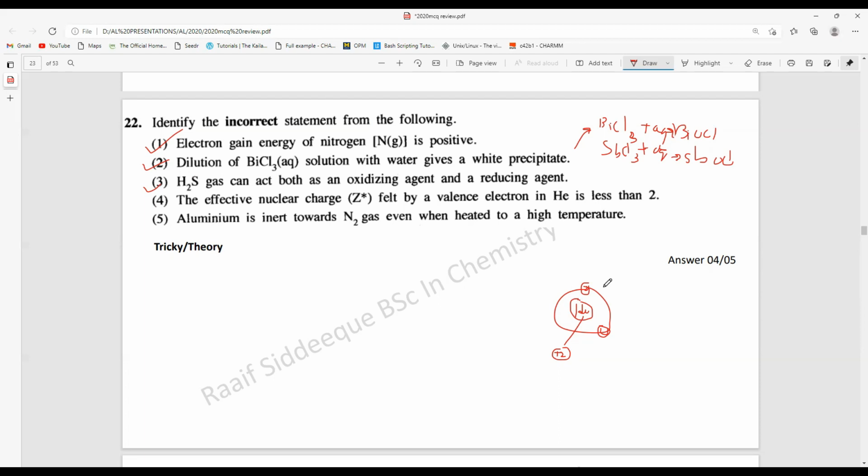For effective nuclear charge, you take the number of protons and subtract the electron shielding to get the net effective nuclear charge. So it is like 2 plus minus 2 electrons, roughly.